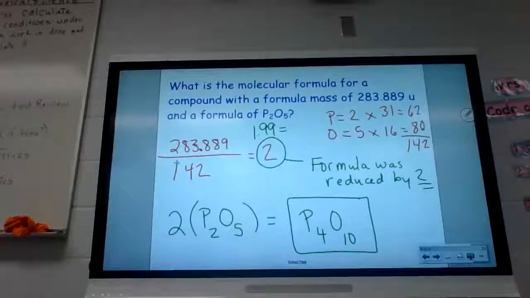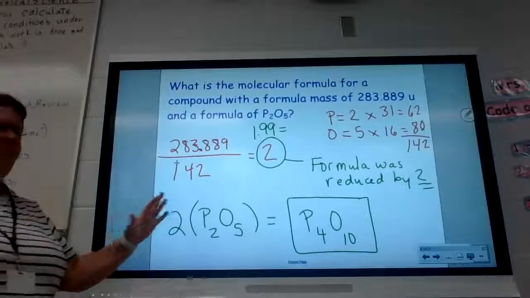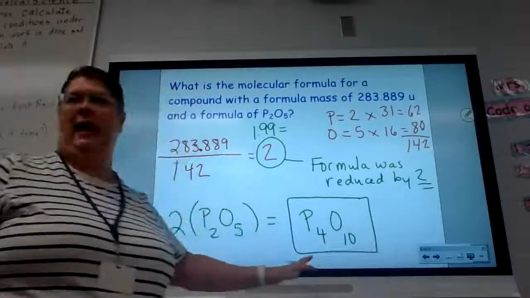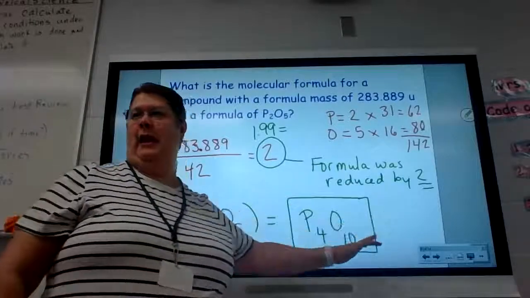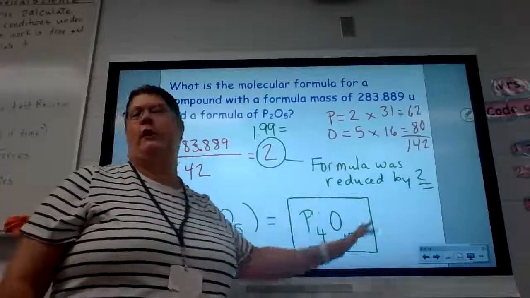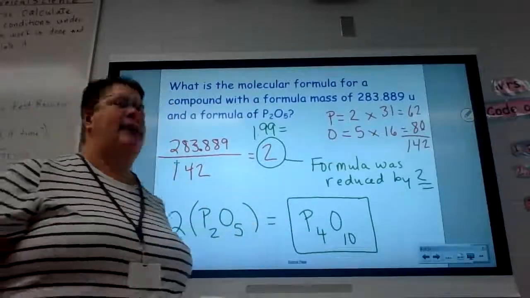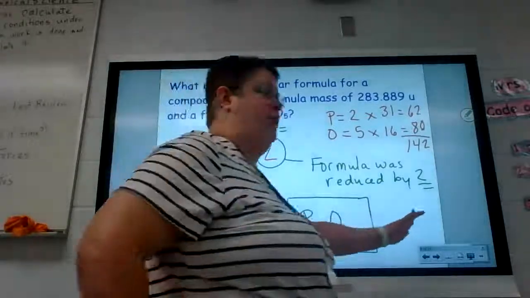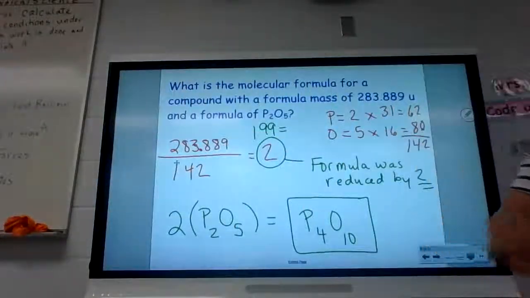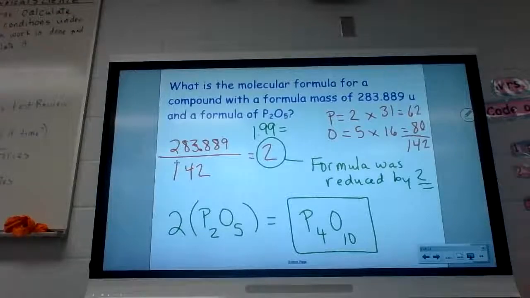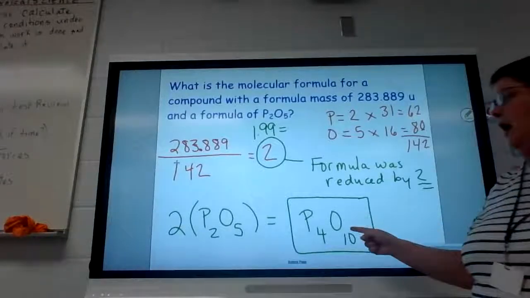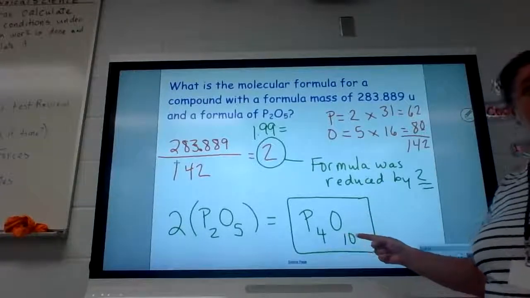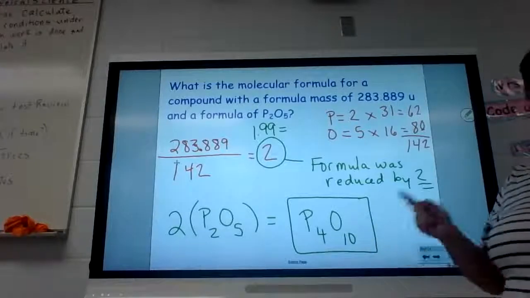When you get to this step and you get this answer, every year, every lab, every quiz, I have people who look at that answer and slash it out and write P2O5 right here. The point of the question is to figure out what it was before you reduced it.